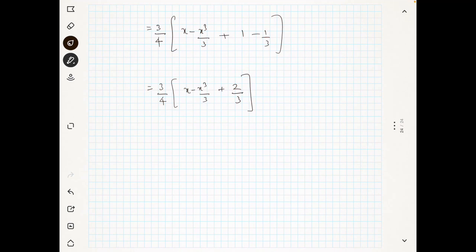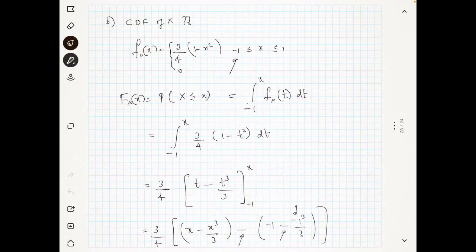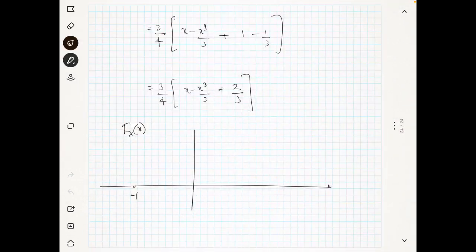Okay, now we will plot this CDF fx. You can see the CDF will be starting from -1, I told you, because the PDF is also starting from -1, and it will go to +1. At +1, you know what the value will be.